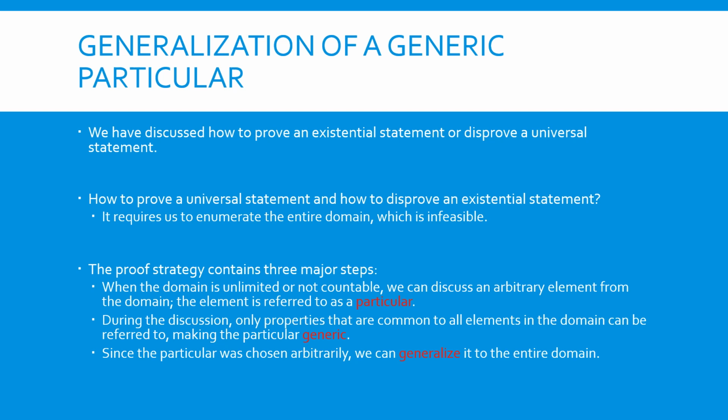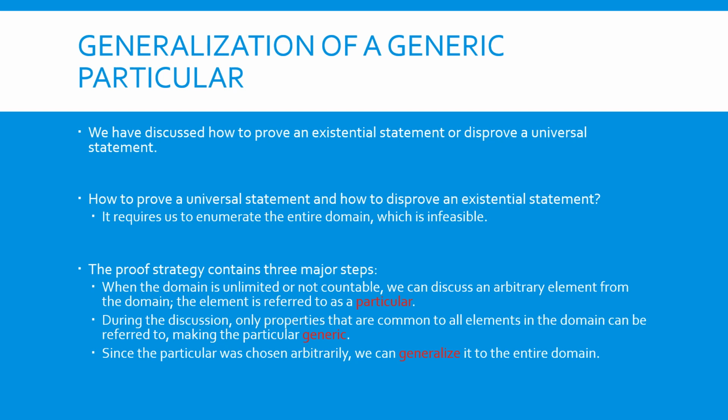For example, when we pick a particular c from the domain of integers, we should not assume that c has any properties other than being an integer. This is because it is the only information we can confidently assume for the elements of the domain.